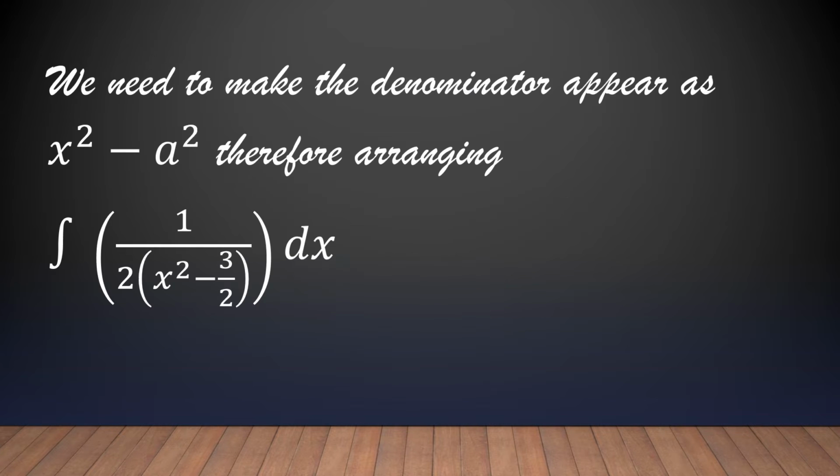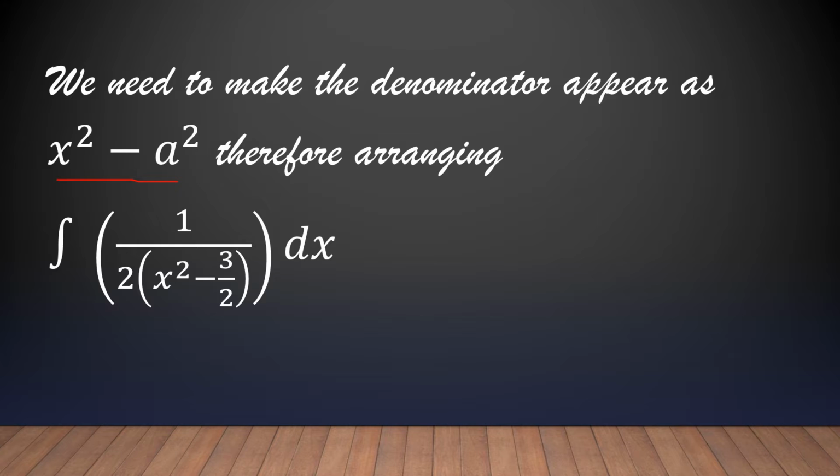We need to make the denominator appear in this form, so we arrange it. Since we have 2x squared here, I'm going to factor out the 2. So this one will be 2, and this one will be 2, because 2 times this gives 3. I'm manipulating the question so that it fits our form.